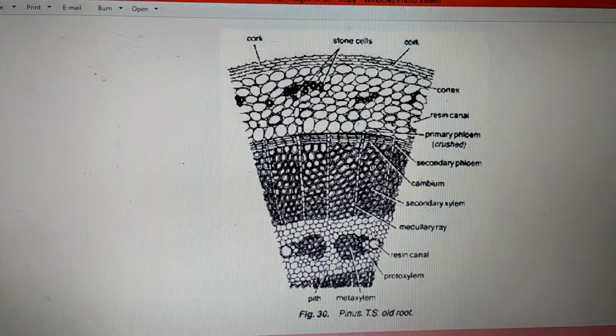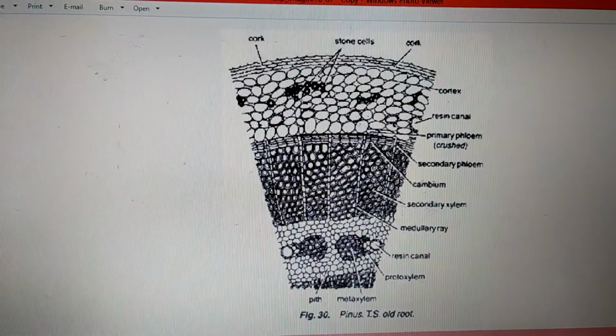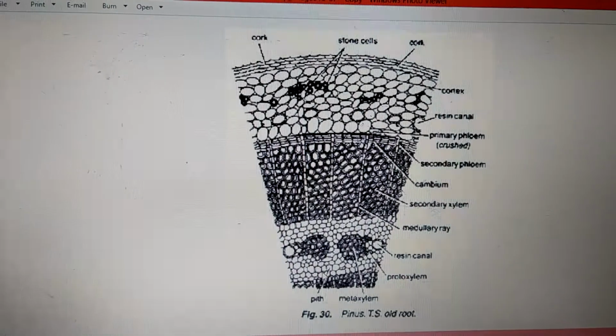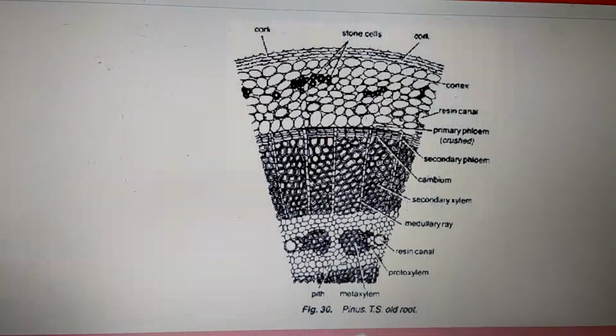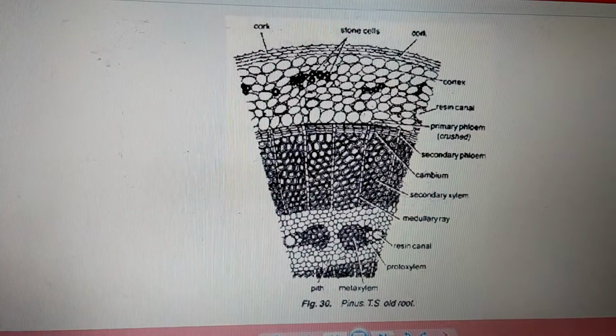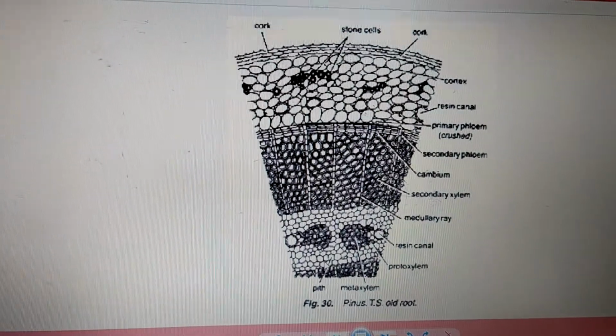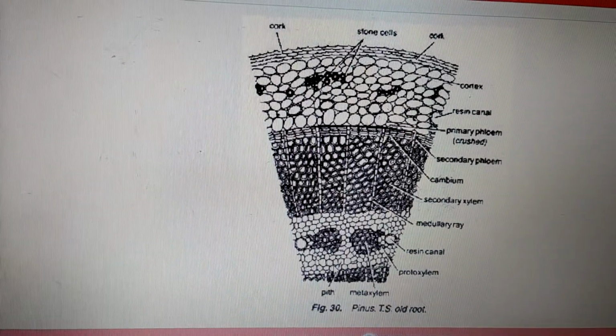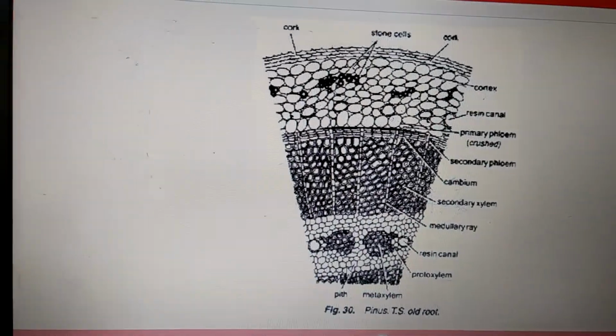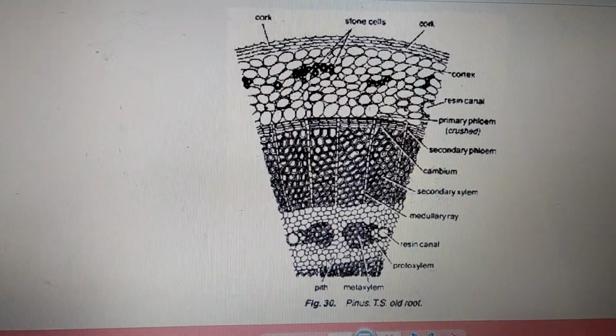That is the main function. And these are formed because of the deposition of lignin on the parenchymal cells, nothing but a kind of sclerenchymal cells. So the stone cells' main function is to provide mechanical strength or support to the soft tissue.